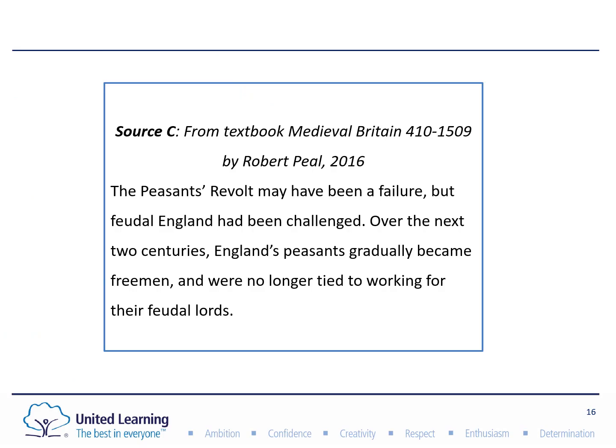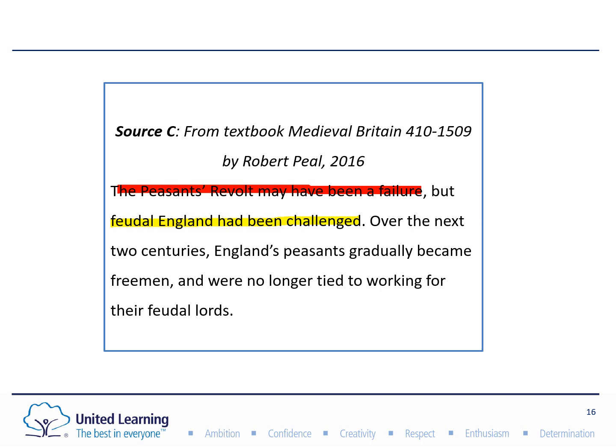Source C, from textbook Medieval Britain, 410 to 1509 by Robert Peel, 2016. The Peasants Revolt may have been a failure, so that is very similar to the last two, but feudal England had been challenged.